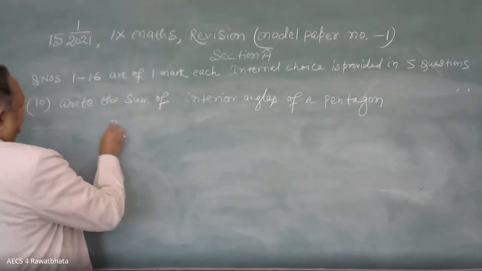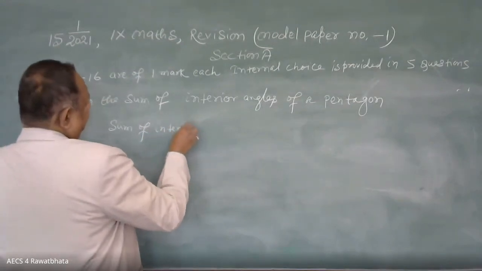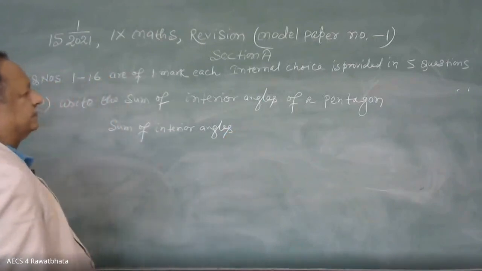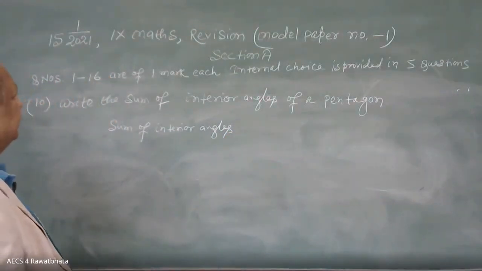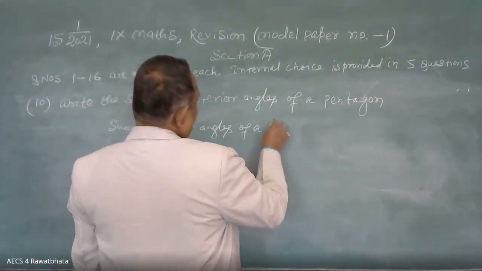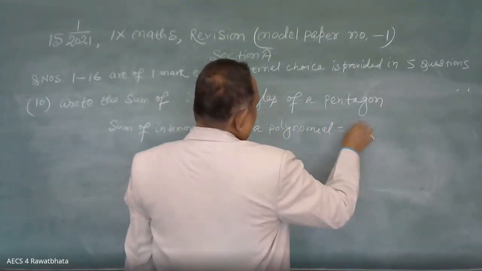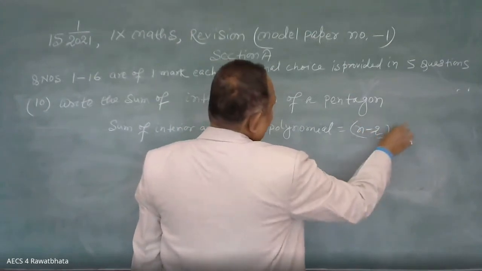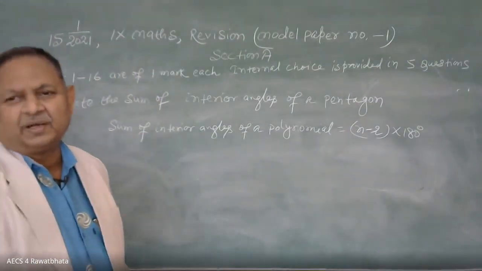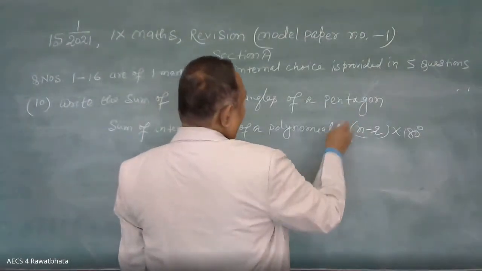Sum of interior angles of a polygon is n minus 2 into 180 degree. This is the general formula, where n is equal to 5.